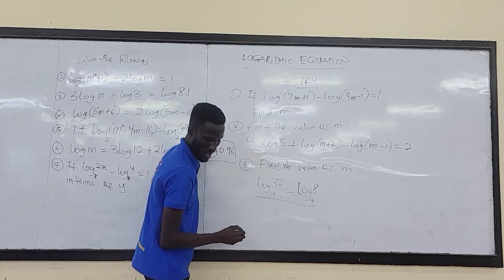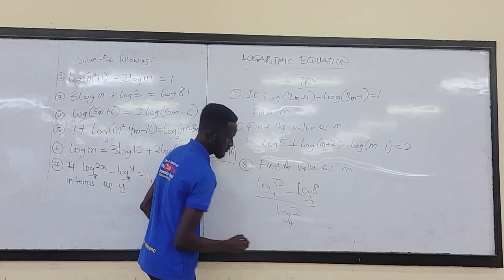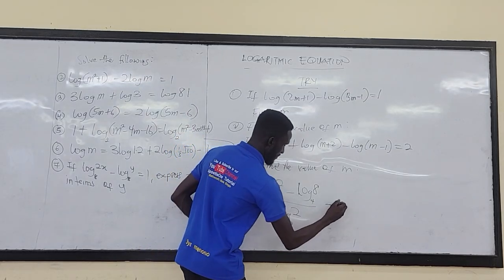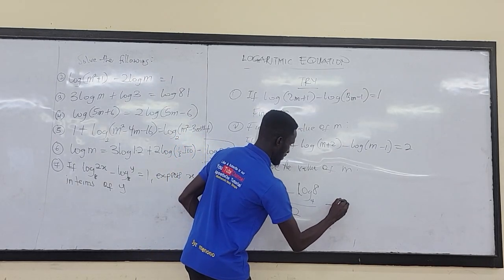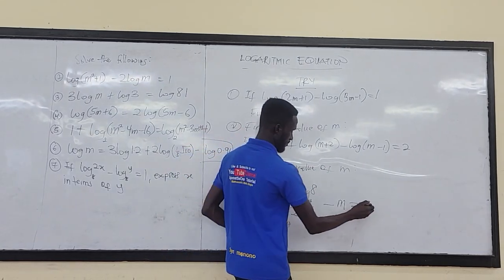Now the whole of this one is divided by log 2 base 4. And then we have minus n equal to 0.